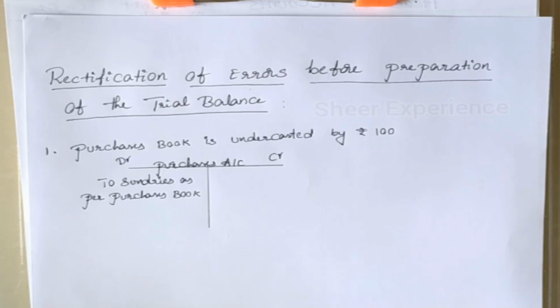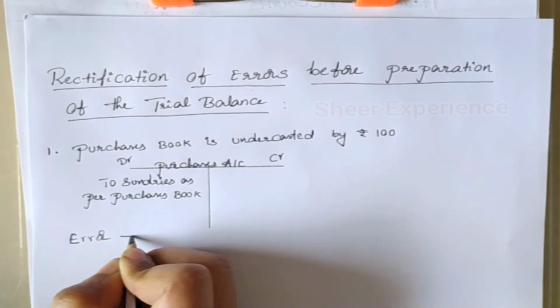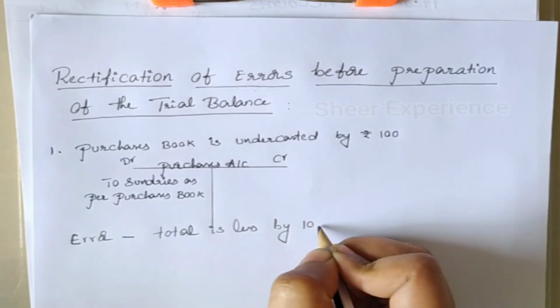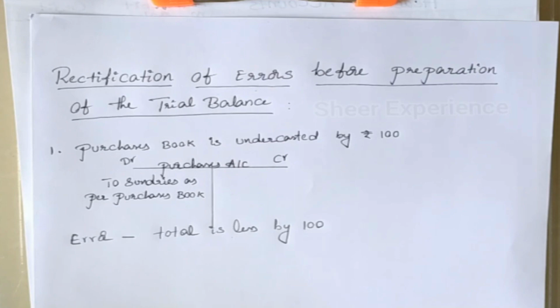Here the transaction says purchase book is undercasted by 100. Casting means totaling. Undercasting means shortage in total. So the error is total is less by 100 on debit side. Please remember, purchase account always has a debit balance because purchase is an expense.